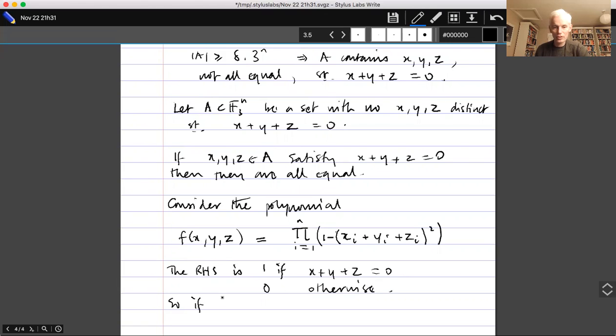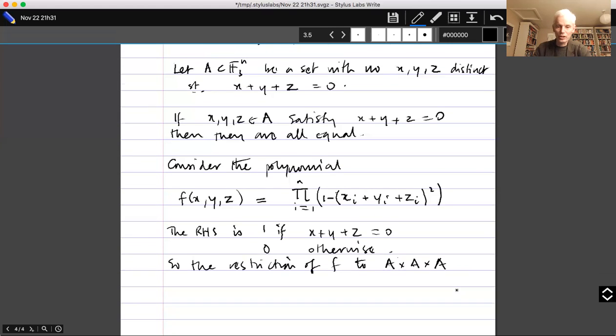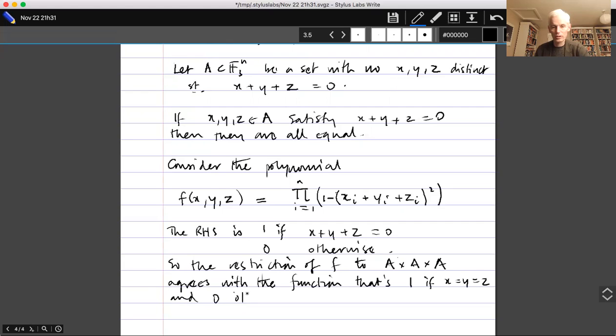So if x, y, z all belong to A, the restriction of f to A cross A cross A agrees with the function that's 1 if x equals y equals z, and 0 otherwise.